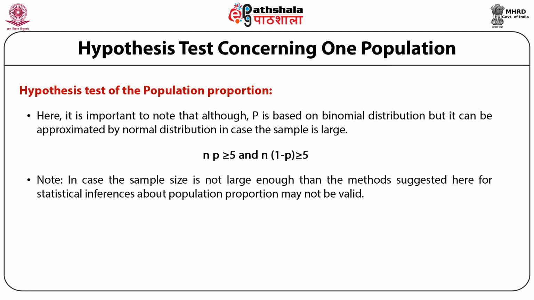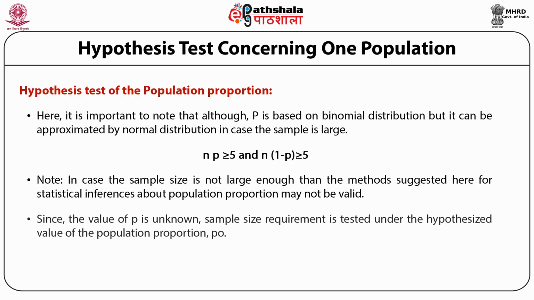In case the sample size is not large enough, the method suggested here for statistical inferences about population proportion may not be valid. Since the value of p is not known, the sample size requirement is tested under the hypothesized value of the population proportion p0.